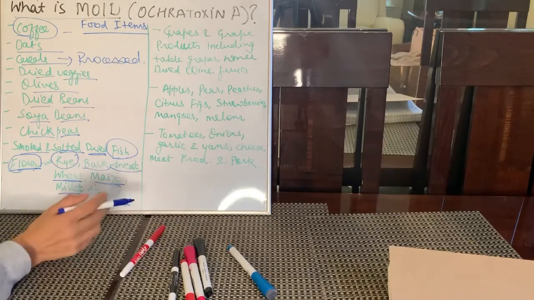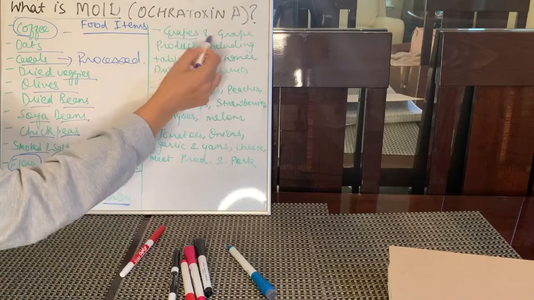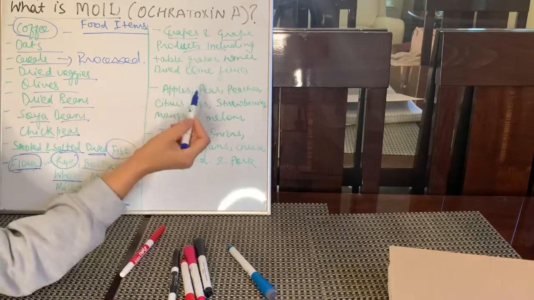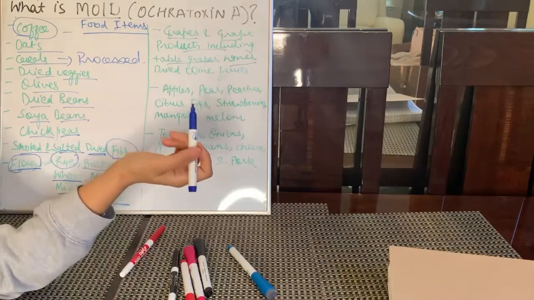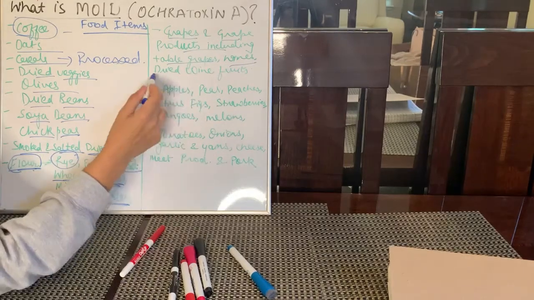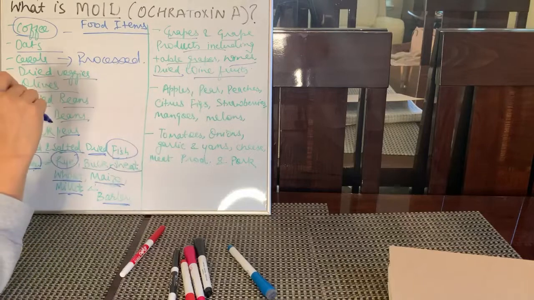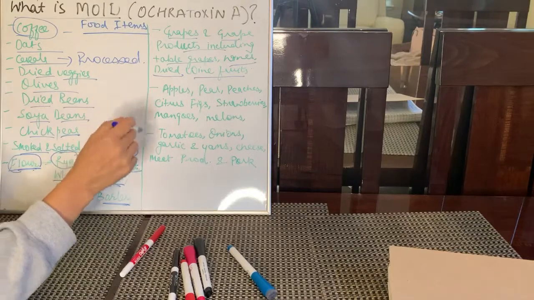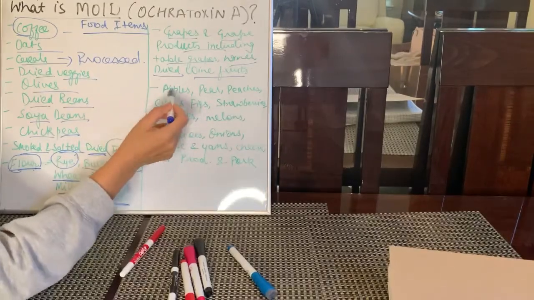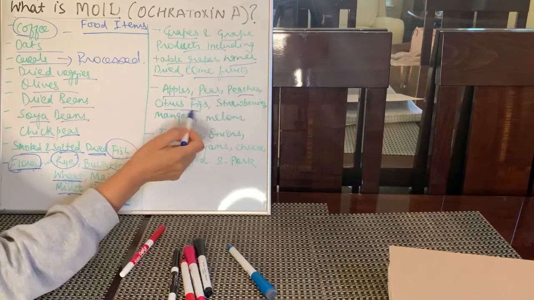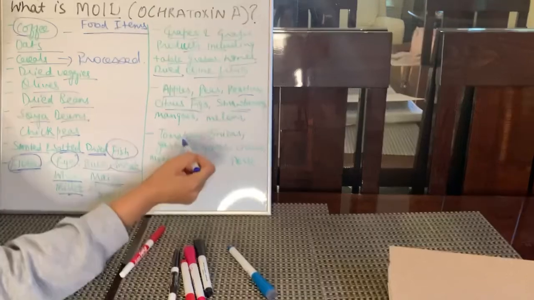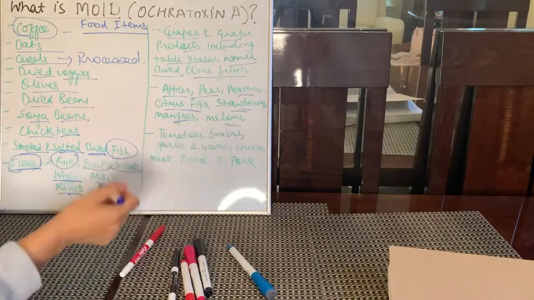Then on the fruits and vegetable sides, we have grapes and grape products, including table grapes, wines, the red wines and stuff that you drink, dried wine fruits as well. And among other fruits, we have apples, pear, peaches, citrus, figs, strawberries, mangoes, and melons.